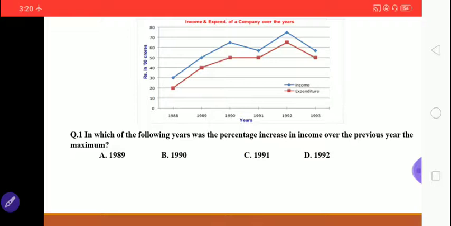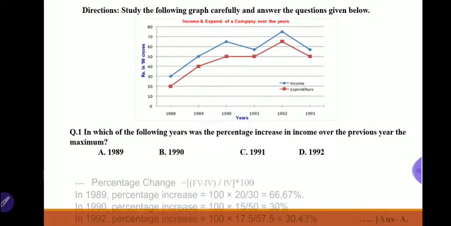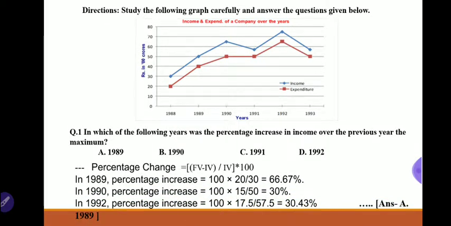To find the percentage increase we have one formula: final value minus initial value, divided by initial value, into 100.